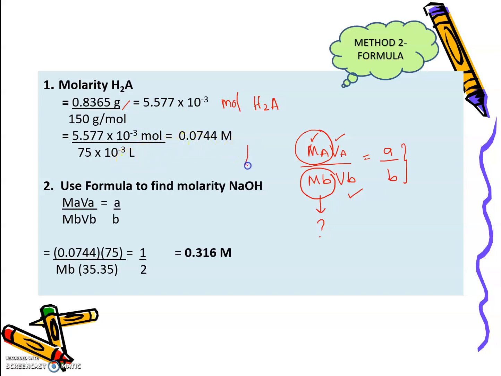So the solution in the conical flask is diprotic acid. You will find 0.0744 molar. Then put it into the formula: molarity of acid times volume of acid, divided by the molarity of base you want to find times the volume of base, the volume of titrant, equals A over B. A is the coefficient of acid, so 1 mole of diprotic acid from the equation, and B is the coefficient of base from the equation, 2 moles of base.